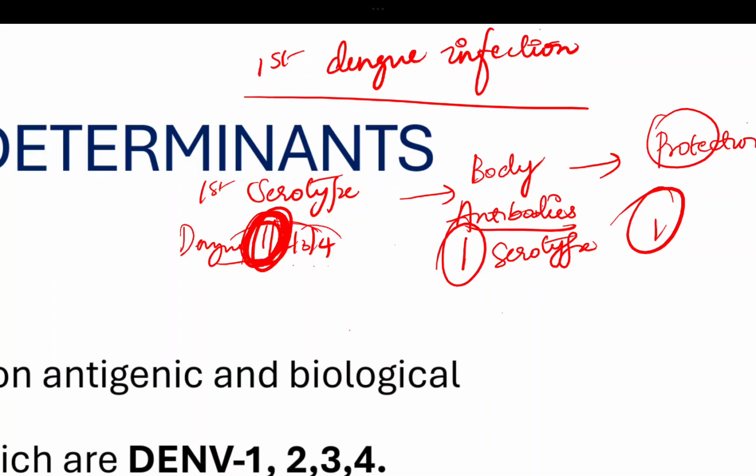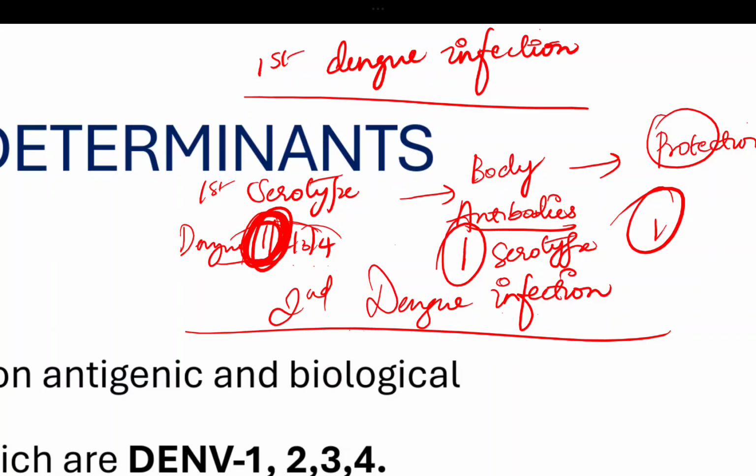So next time, a second dengue infection happens to the person. Now when the second dengue infection occurs, a different serotype is affecting the person. Let us assume dengue virus 3 is affecting the person.